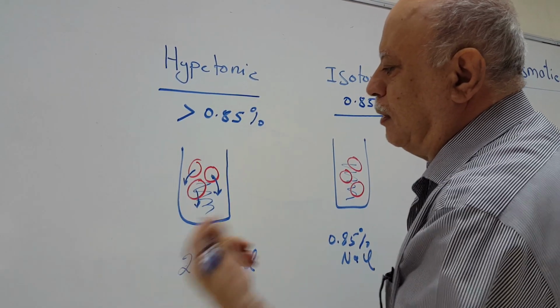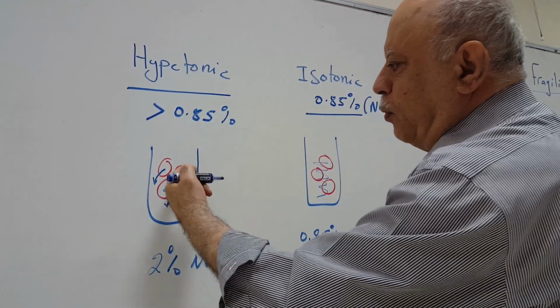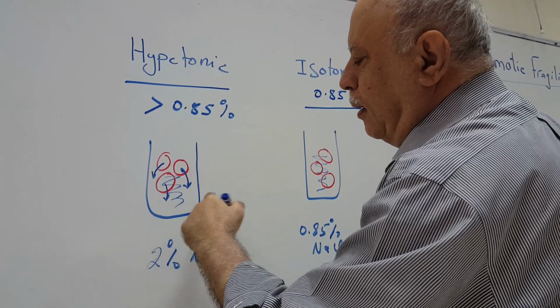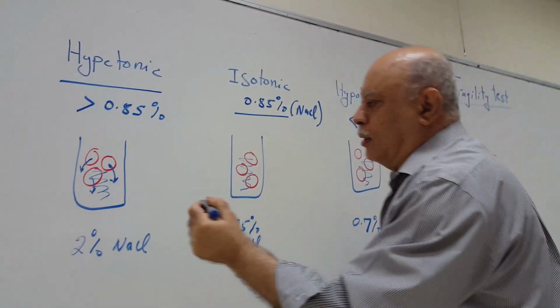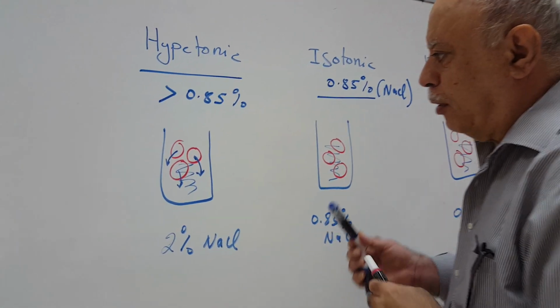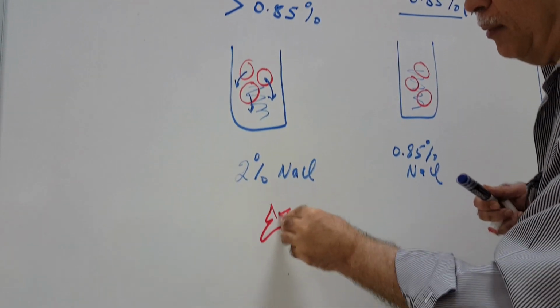The water goes down the concentration gradient, which is from high to low. So the cells in hypertonic solution shrink, looks like this.